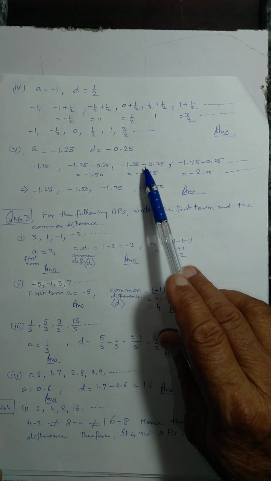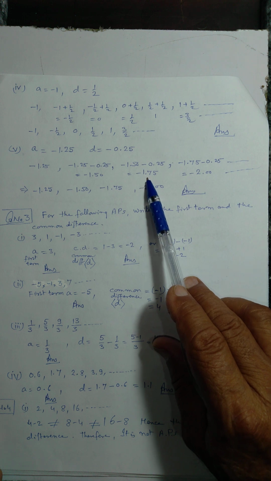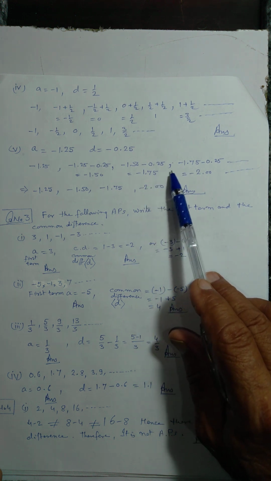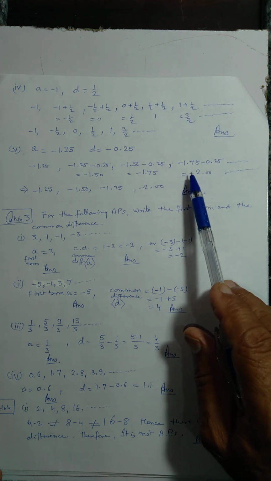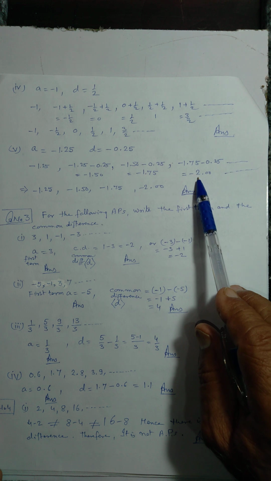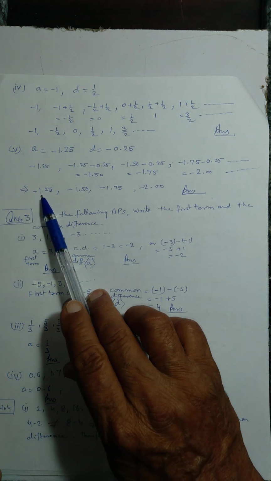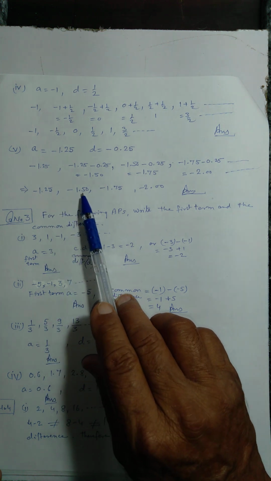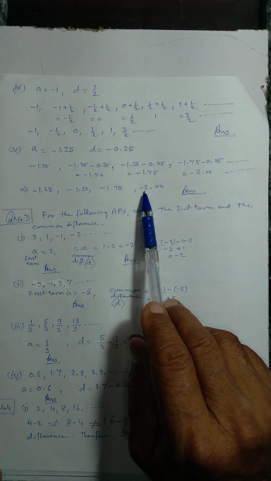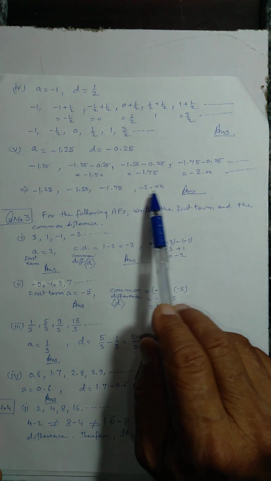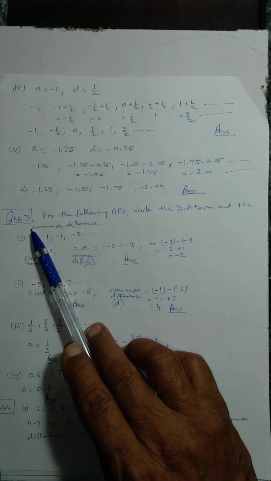Minus 1.50 minus 0.25 will be minus 1.75. Again minus 0.25 will be equal to minus 2. So the arithmetical progression will be minus 1.25, minus 1.50, minus 1.75, and minus 2. This will be the arithmetical series or progression. Now come to question number 3.